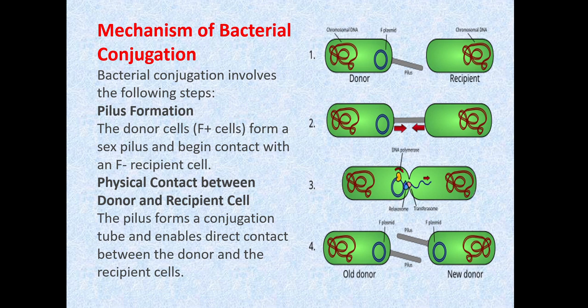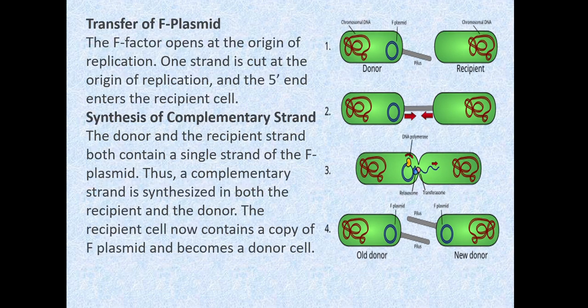Here we are going to discuss the mechanism of bacterial conjugation. Bacterial conjugation involves four steps. First is pilus formation. Second is physical contact between donor and recipient cell. Third is transfer of F plasmid, and the fourth is synthesis of complementary strand.